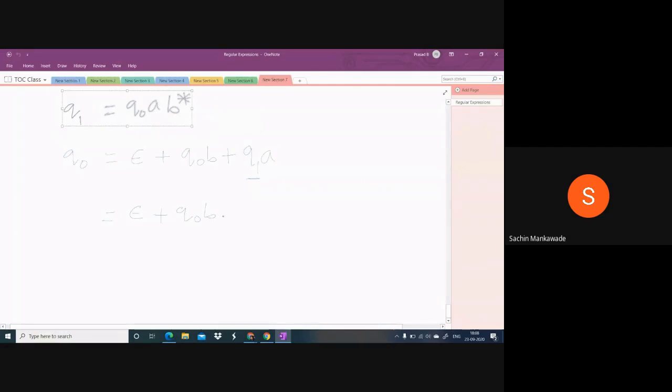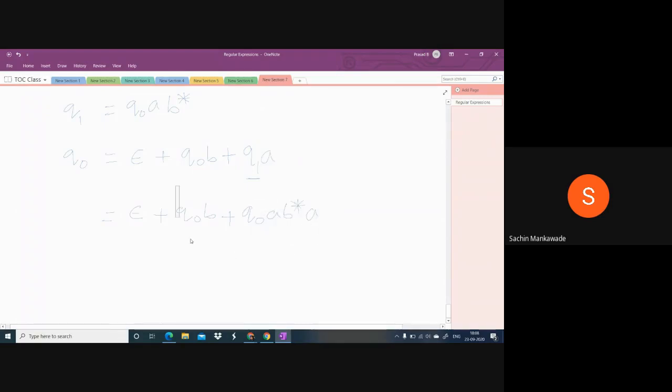So Q naught equal to epsilon plus Q naught B plus Q1 A. Instead of this Q1, we write this Q naught AB star. Are you following? So in this Q1 place, I am writing this one because Q1 equal to Q naught AB star, and followed by this A. Don't forget to write this one, okay? That A I wrote here.